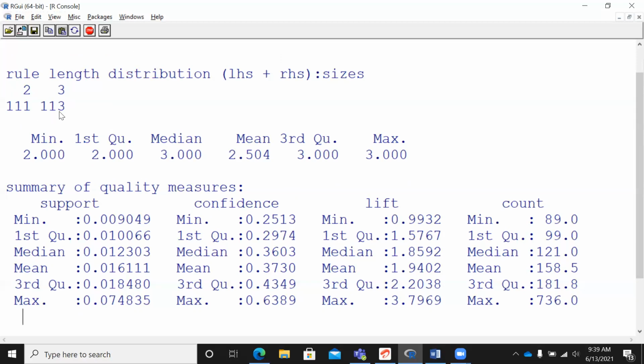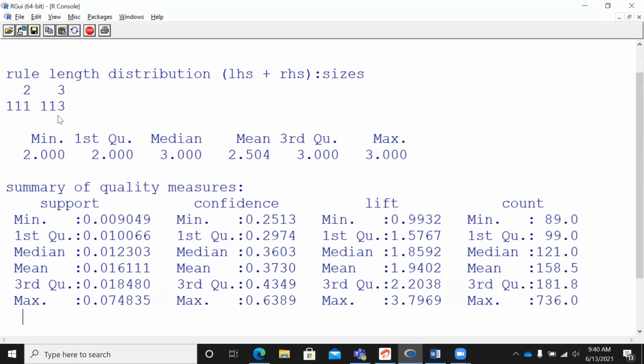If you take the sum of these 2 numbers, 111 and 113, you will get 224 as the total number of rules. So out of 224 rules, 111 rules correspond to a situation wherein 2 products have been bought by the customers.